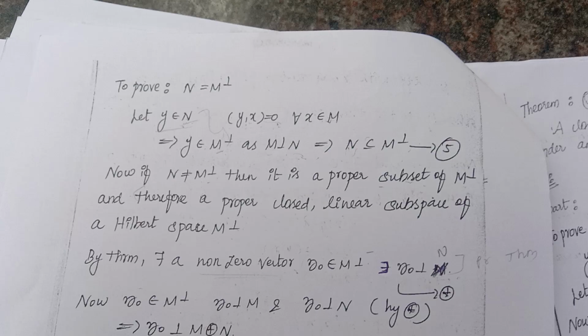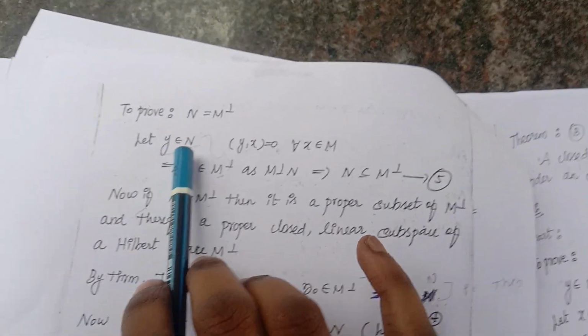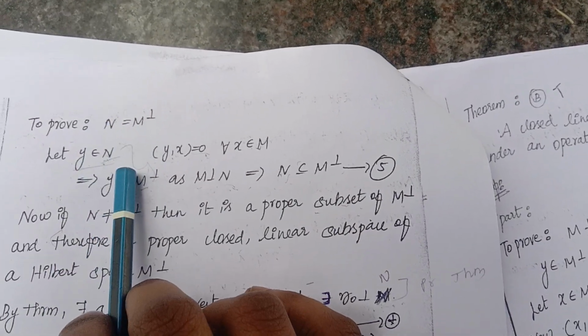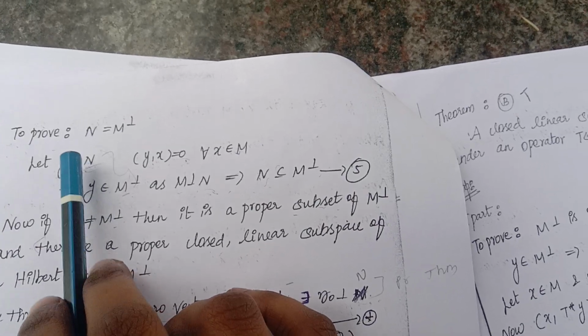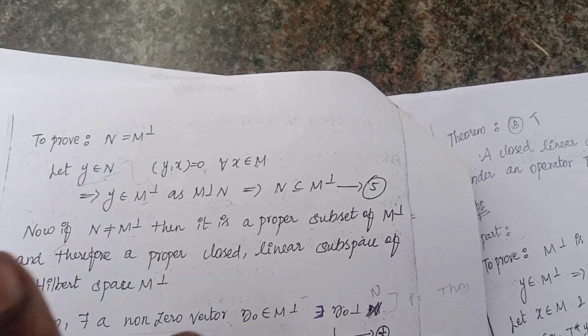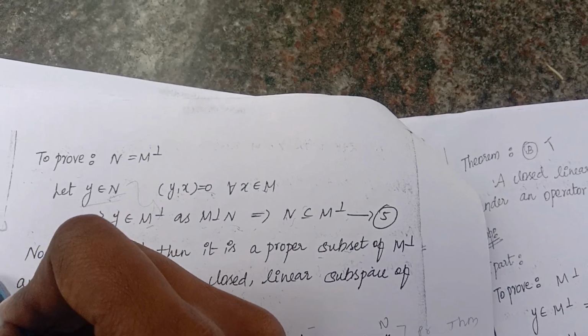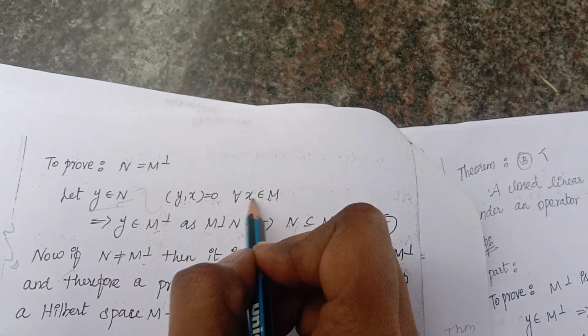This condition is proved. Next, we have to prove that N equals M orthogonal. So let y belong to N. We know that M is orthogonal to N, x belongs to M and y belongs to N, so (x, y) equal to 0.